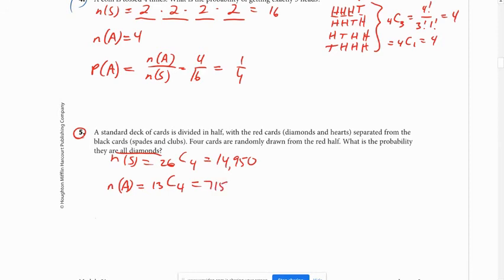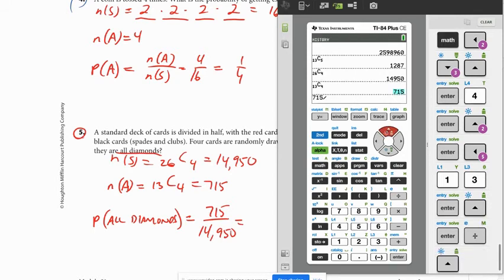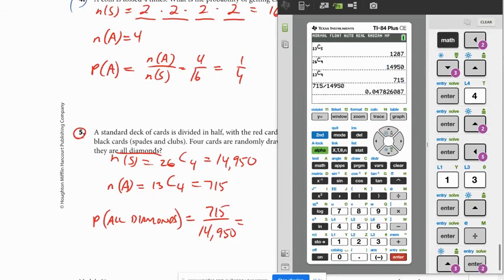And so the probability of all diamonds is 715 over 14,950. So 715 divided by 14,950 is that decimal, so about 5% or 4.8%.